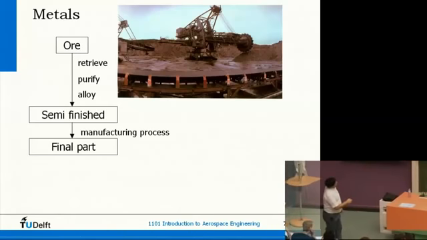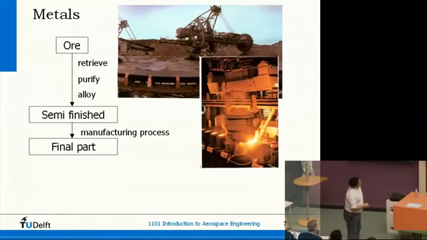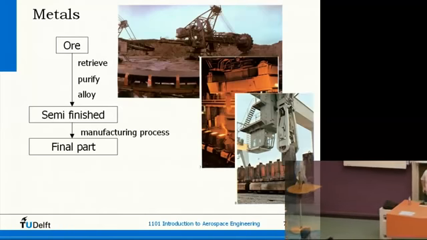That's the difference between purification and alloying. After that, we do have a semi-finished material. And in many cases, it is first cast in very large blocks. Maybe I have to trim a little bit of light.